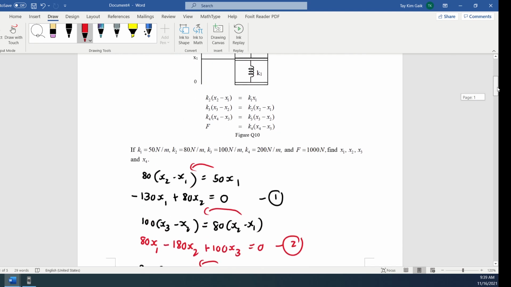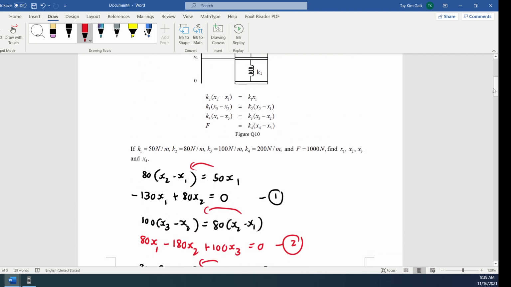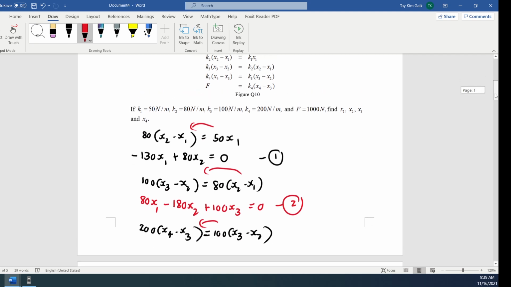Before you continue, make sure you check: 80, 50, correct. The second equation, K3 is 100, K2 is 80. Check before you solve it.